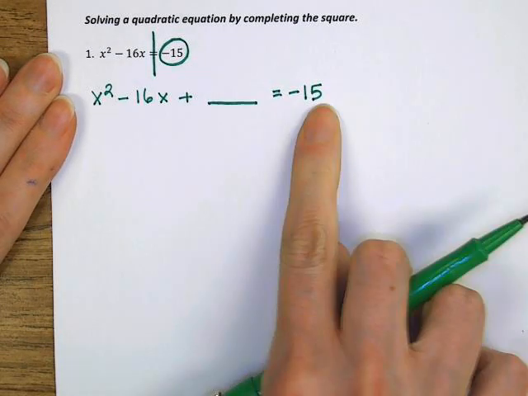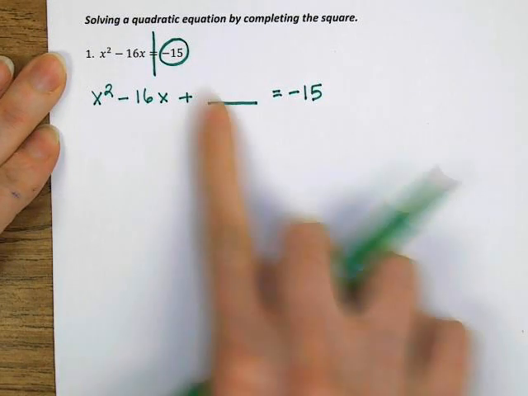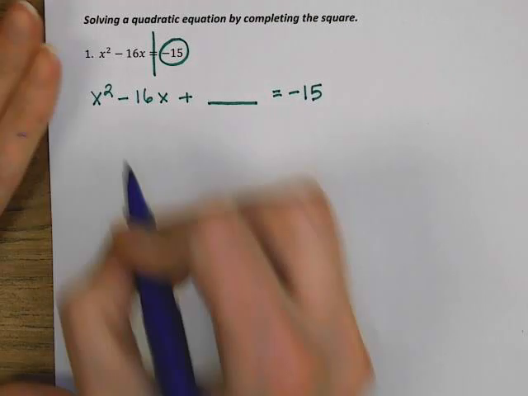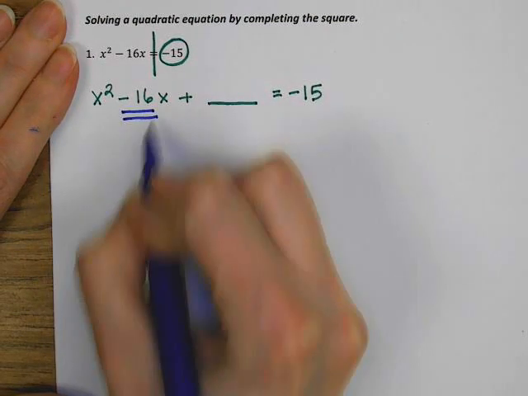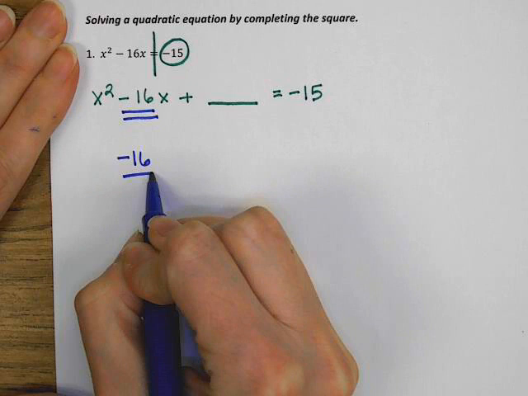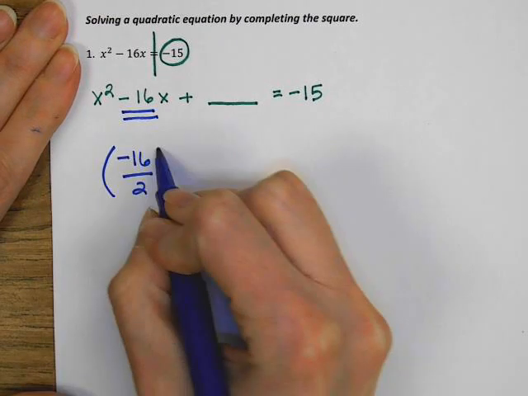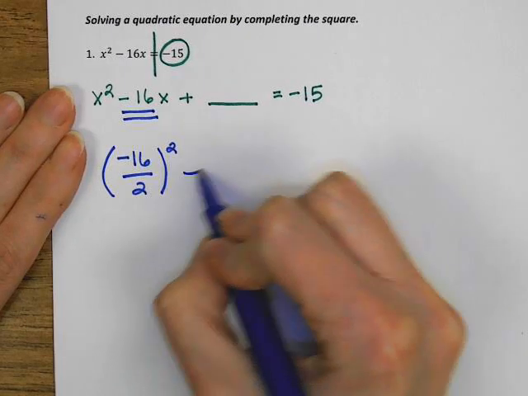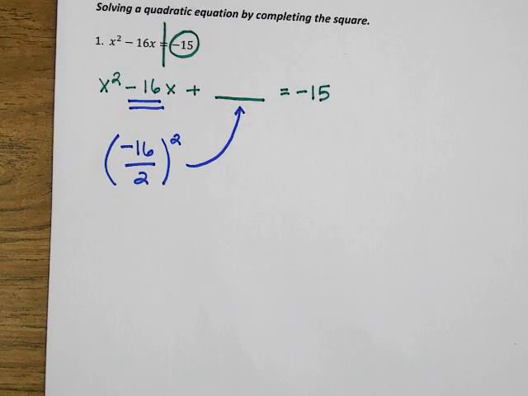So we want to leave this guy here. We need to find that special number. Okay, we just did a bunch of these. How do we find the special number? Well, the formula is b divided by 2 squared. That's going to give us that special number, that's C.